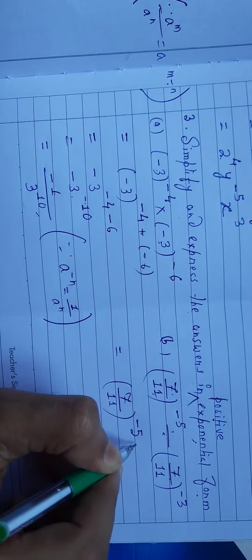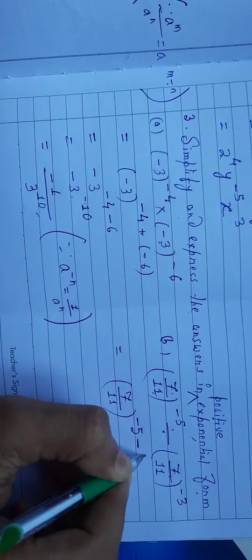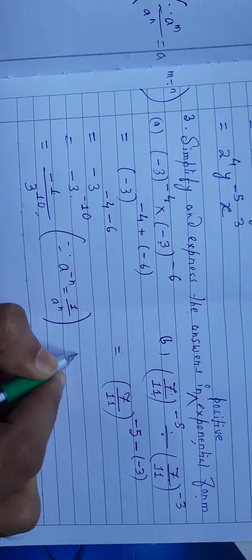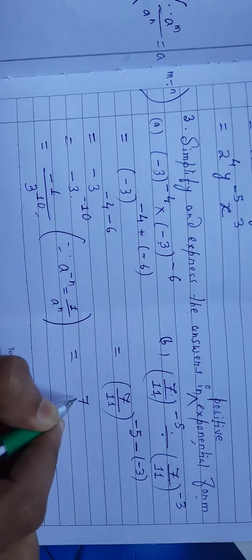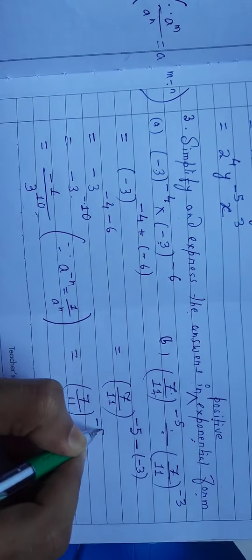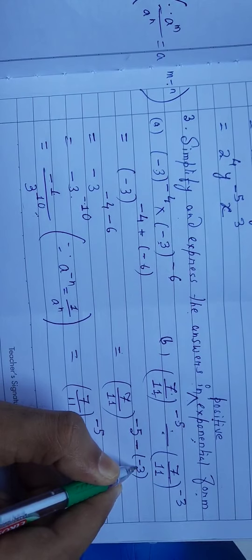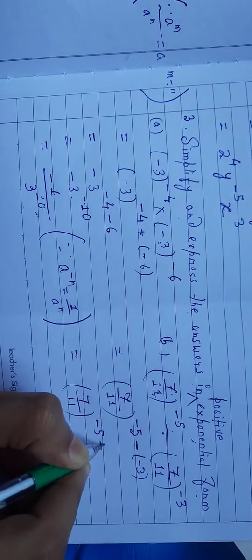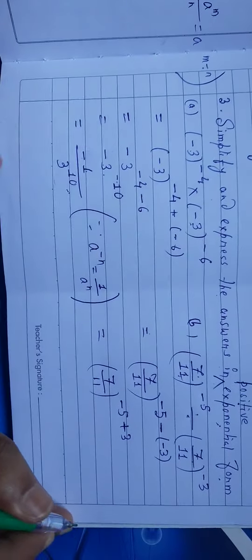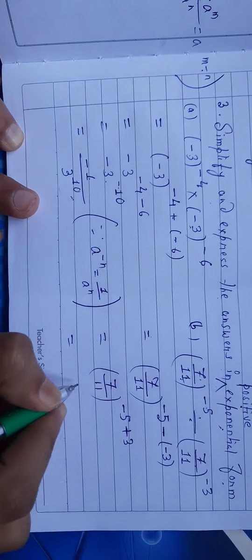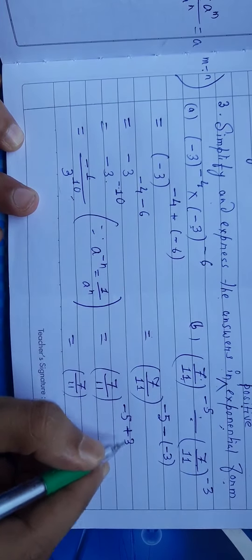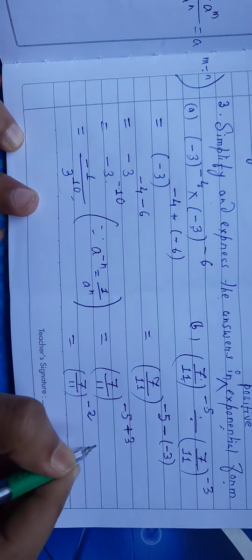So m minus n means minus 5, formula's minus, and then this minus sign, this 3, which equals 7 by 11 to the power minus 5, and this minus and this minus makes it plus, so plus 3, which equals 7 by 11 to the power minus 5 plus 3 means minus 2.